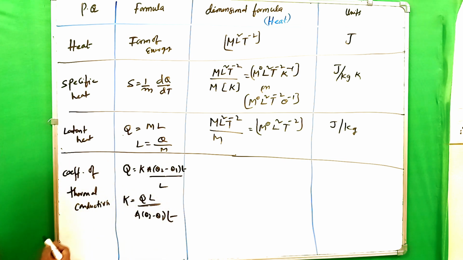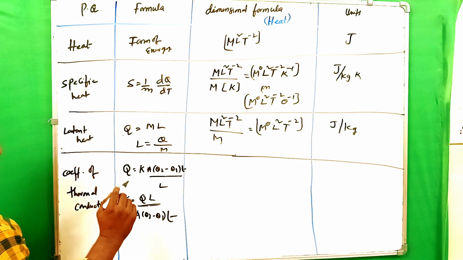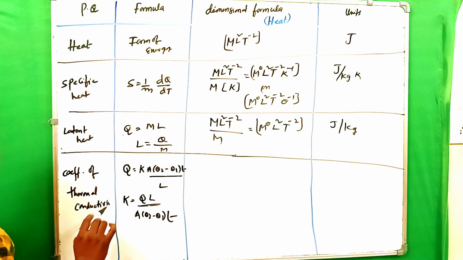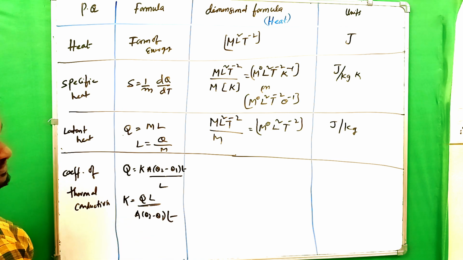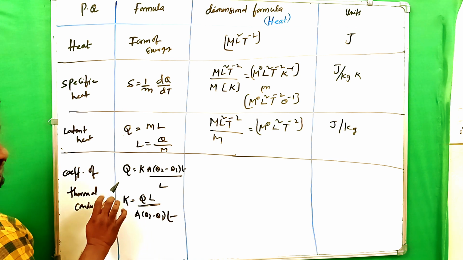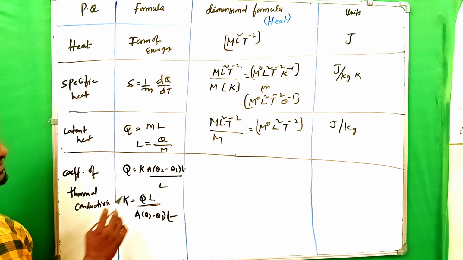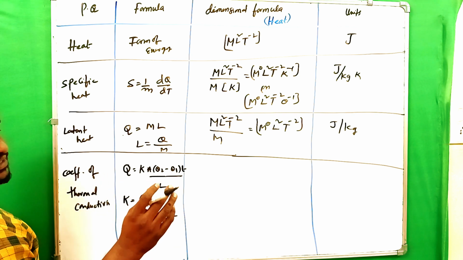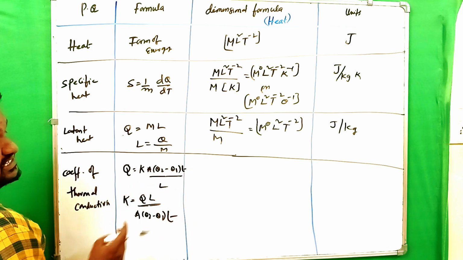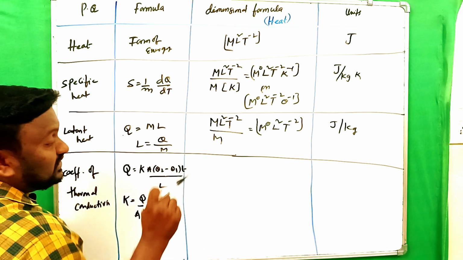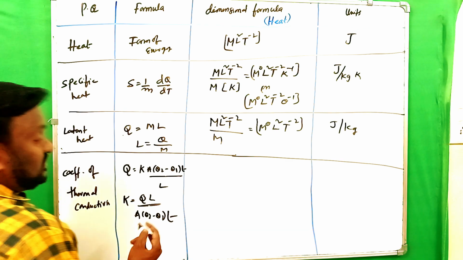And next, coefficient of thermal conductivity. The formula is K is equal to Q into L by A into theta 2 minus theta 1 into T. Here Q is the amount of heat energy supplied, theta 2 and theta 1 are the temperature difference between the two surfaces of a body, A is the area, T is the time, and L is the length of the conductor of heat.